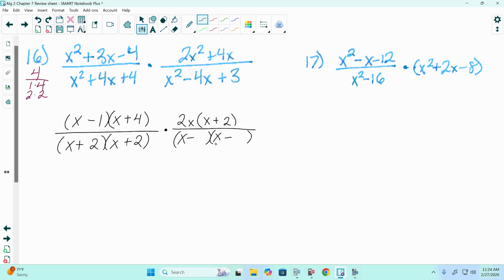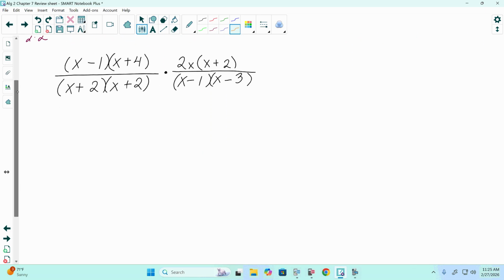Factors of x squared are x and x, and the only factors of 3 are 1 and 3. Negative 3x minus x does indeed give us negative 4x. That is the middle term we wanted, getting us to this point here. Questions on how we got here?